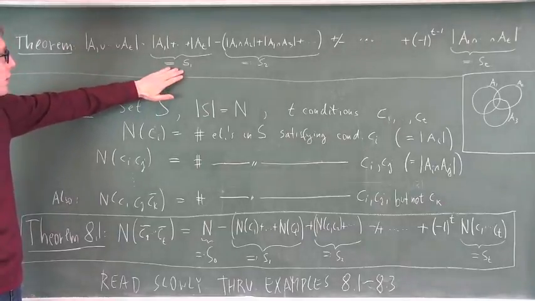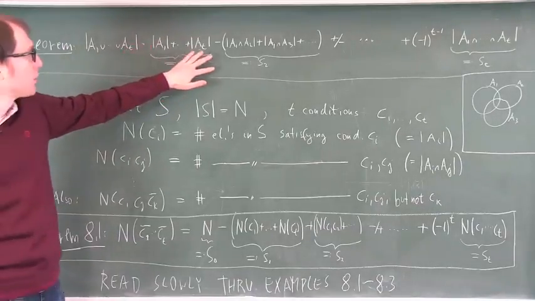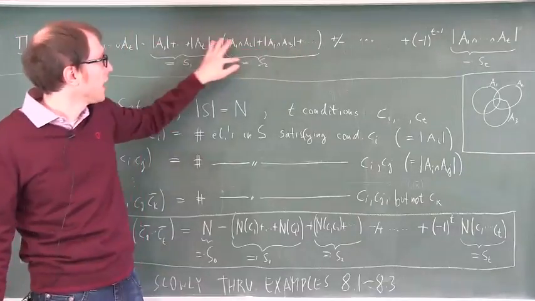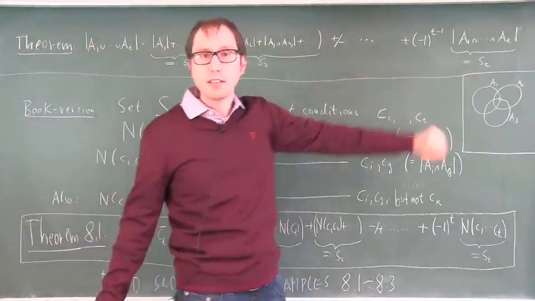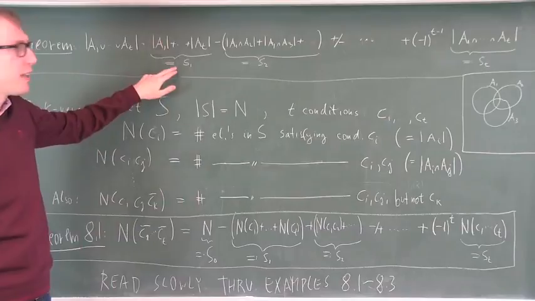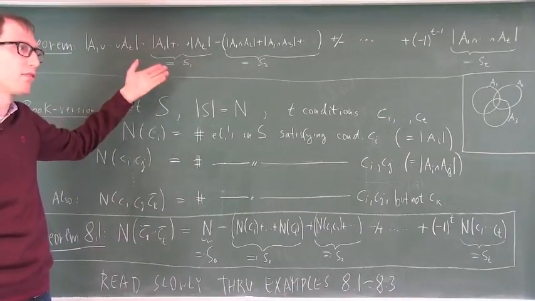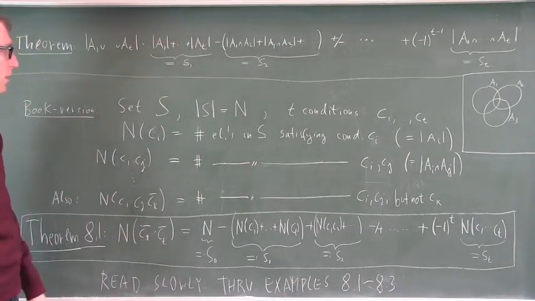For notation, this is sometimes called S1, this is S2, and here is St. You can just remember it as S1 minus S2 plus S3 minus S4 and so forth.